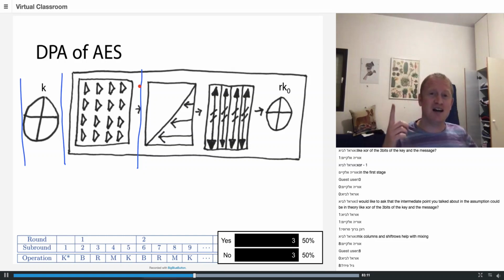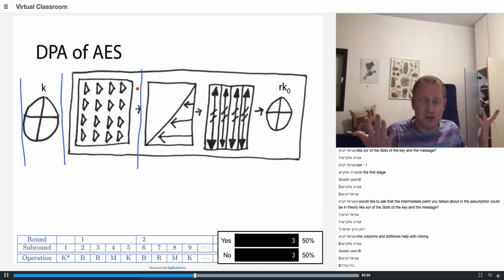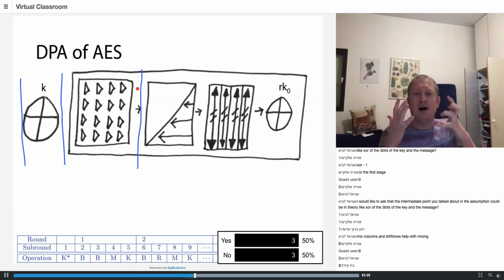Because 8 bits of the state went into the lookup table. So this 1 bit of the state is affected by all of its inputs, because this is how the S-box works, which means actually this is a pretty good place to put our hypothesis, right? So 1 bit of the state is affected by 8 bits of the key.